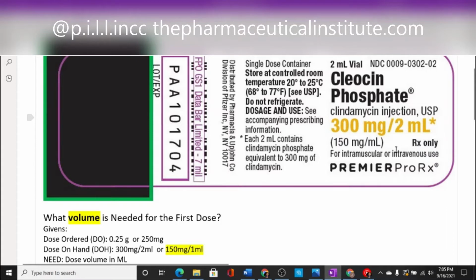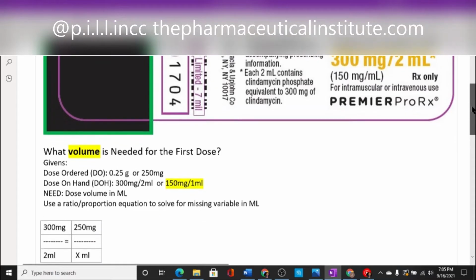It has a single dose concentration of 150 milligrams per 1 milliliter. So that is our single dose concentration, and our stock dose concentration, 300 milligrams per 2 ml. So that is our dose ordered, and that is our dose on hand information.